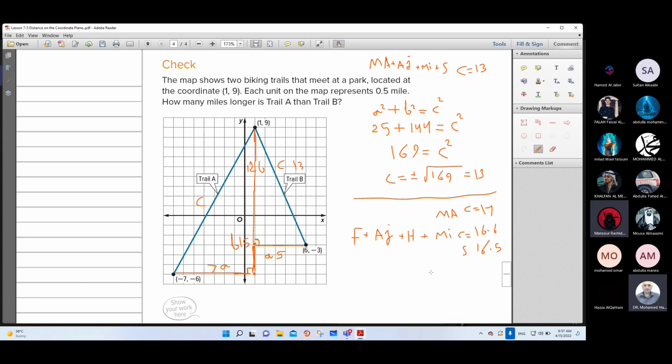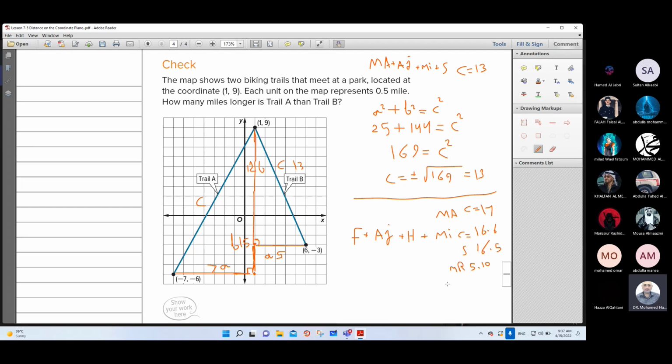Sir, can I answer? Yes, Masoor. It's 5 square root 10. Raise your voice. 5 square root 10. Okay, thank you, Masoor Rashid.